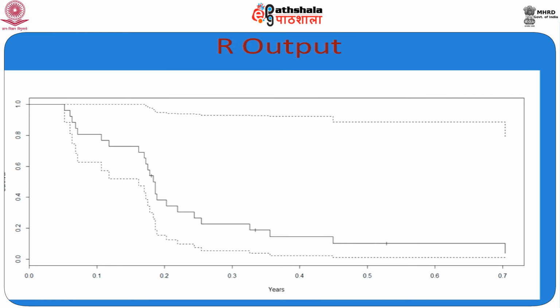It starts from 1 and reaches close to 0 at the end, at 0.7 years. The upper dashed line shows the upper confidence interval of this survival function, and the lower line shows the lower confidence interval.